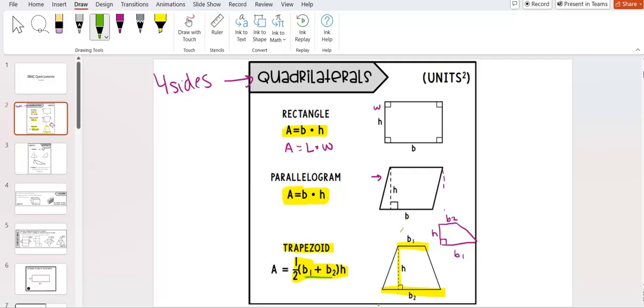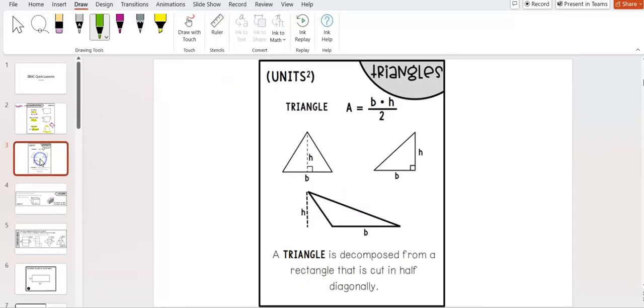So it's 1/2 times the two bases added together times the height. It's just like base times height, except you've got two bases and you're going to find half of that in the end. Now, if you're sitting there going, Miss Kirkwood, I don't understand this because I don't know the formula for a triangle, that's what we're doing next.